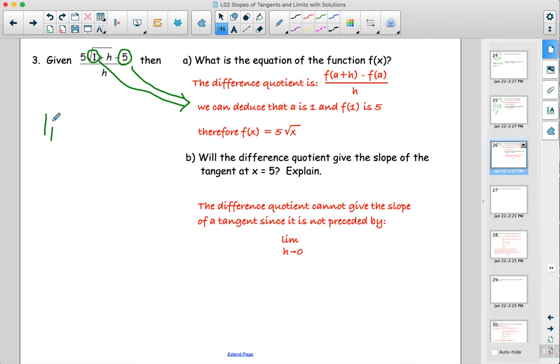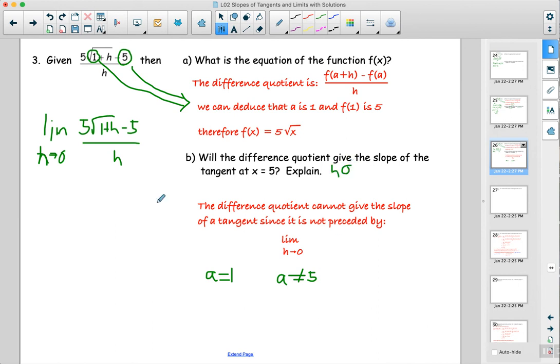But if I did write the limit as h goes to 0 of 5 times the square root of 1 plus h minus 5 over h, will this be giving me the slope of the tangent at x equals 5? And of course the answer to that has to be no, because for this particular difference quotient here, we know that a is 1. A is not 5 for that difference quotient. So it's not going to be able to.